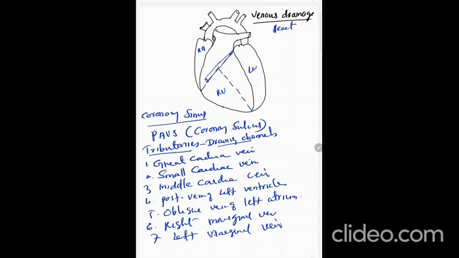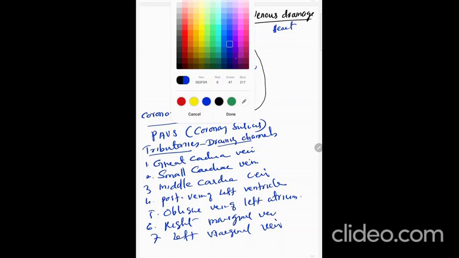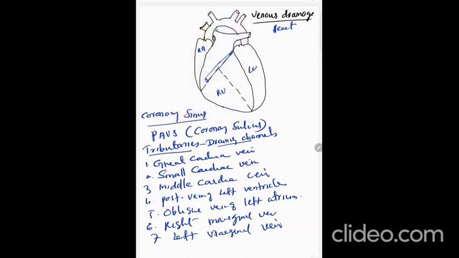What happens actually is, from the apex there arises a small venous channel. From here, a venous channel goes like this.